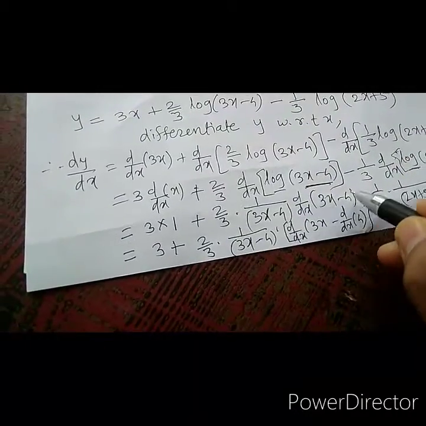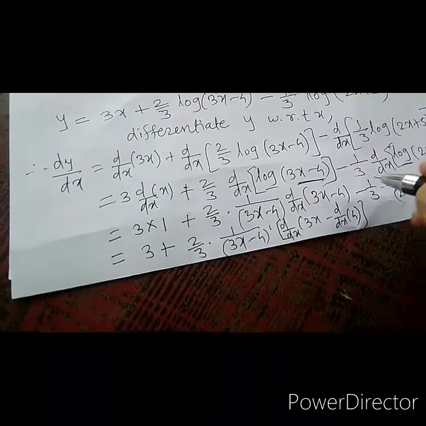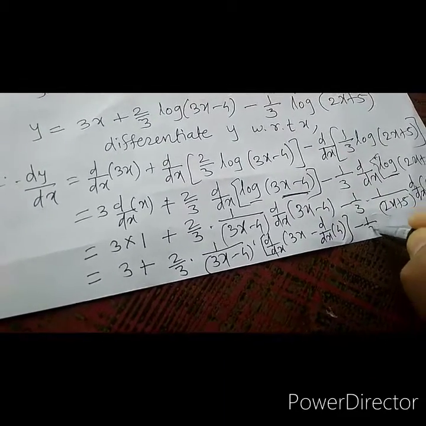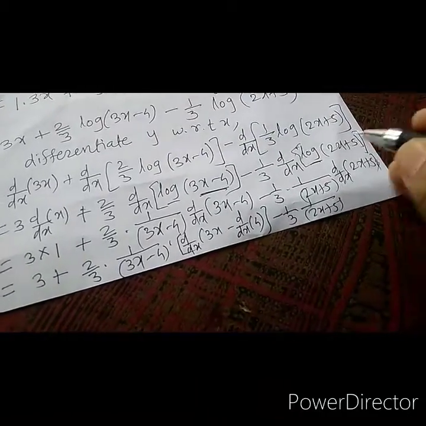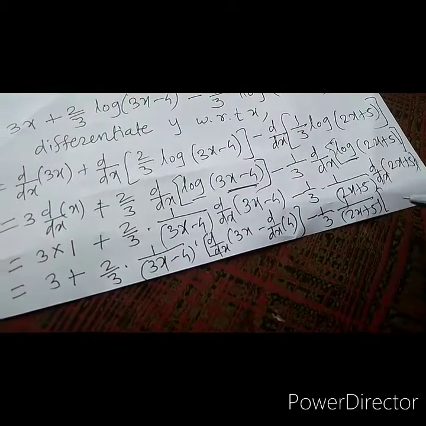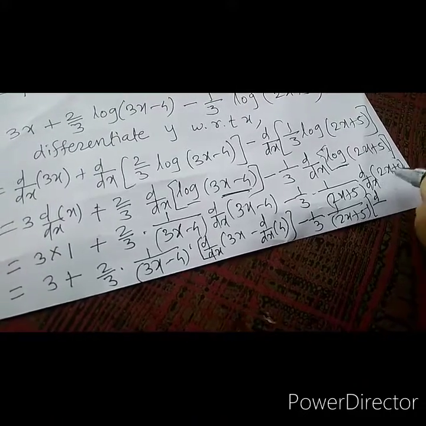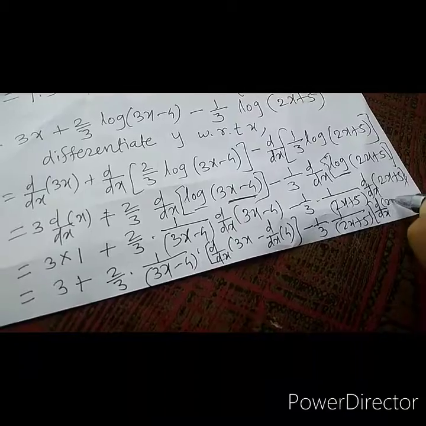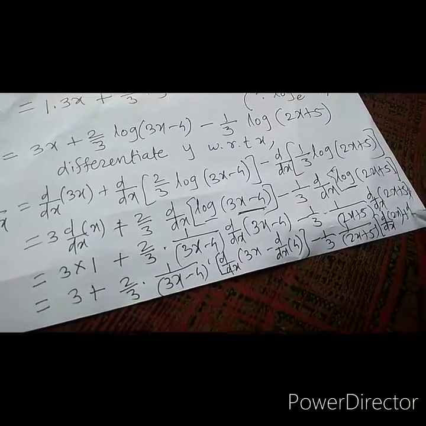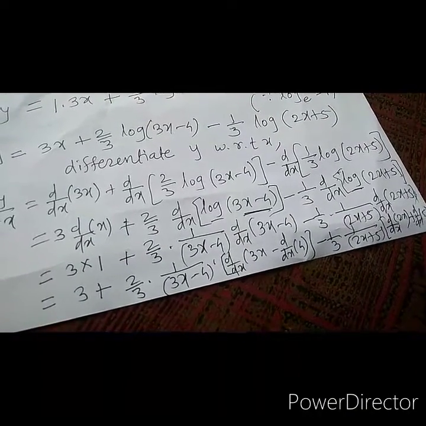We distribute this derivative to each term of this bracket, minus 1 upon 3 into 1 upon (2x plus 5). Again we can distribute this derivative to each term of this bracket, d by dx of 2x plus d by dx of 5.